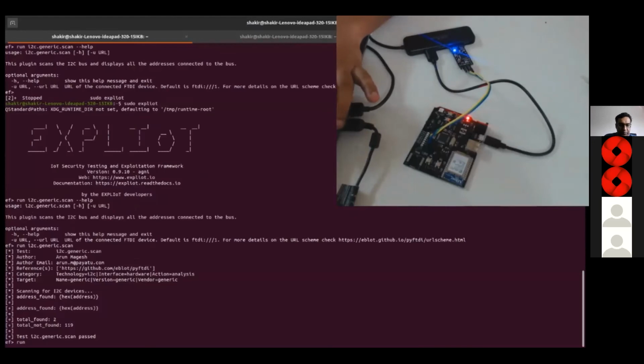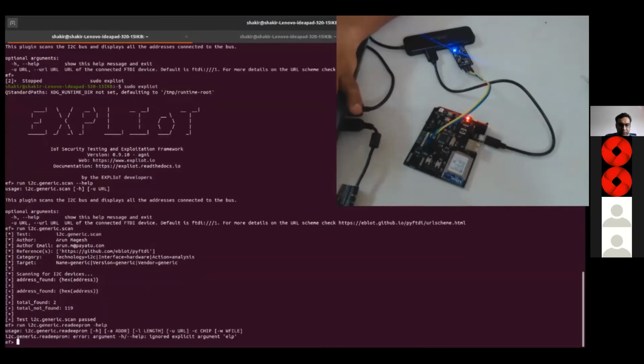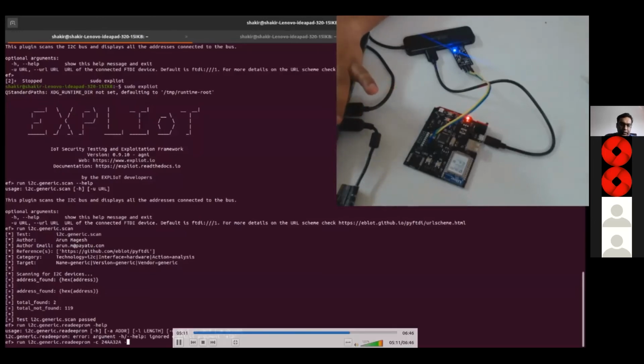So it has scanned and passed this. Now run this particular plugin, read EEPROM. With the help, you'll get what options there are, whether you want to write something or read something. This is the chip number for that particular EEPROM.